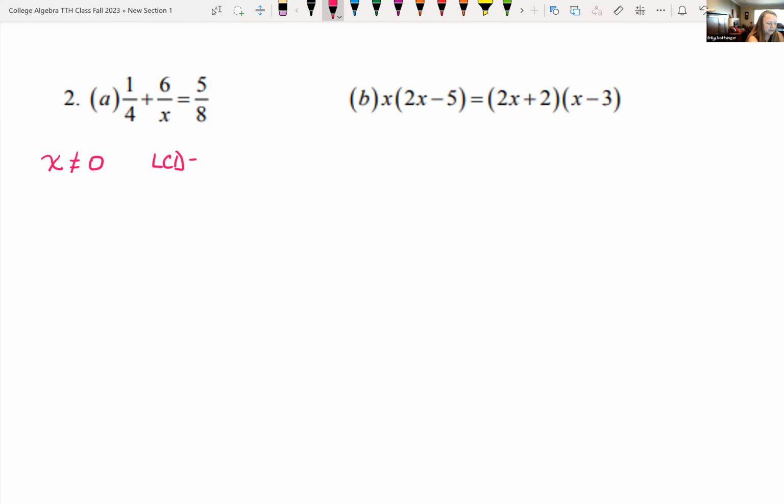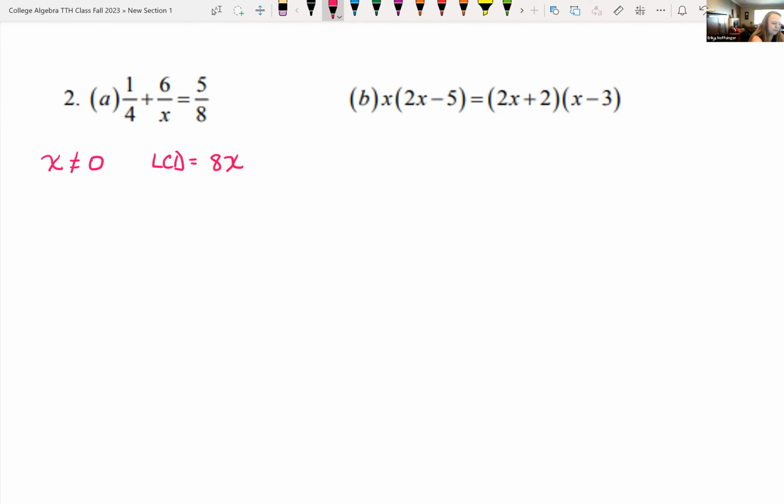Since 4 divides into 8, another value in our denominator, 8 is the smallest thing that 4 divides into and 8 divides into. The problem is that x doesn't divide into 8. So our least common denominator would have to be 8 times x, or 8x.